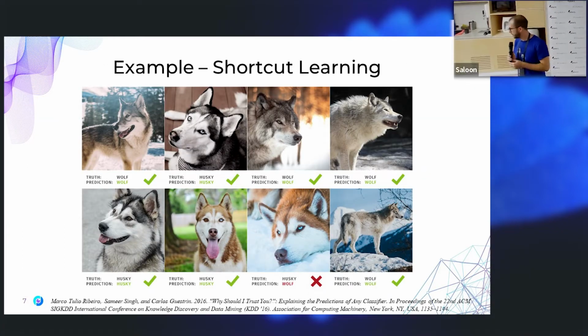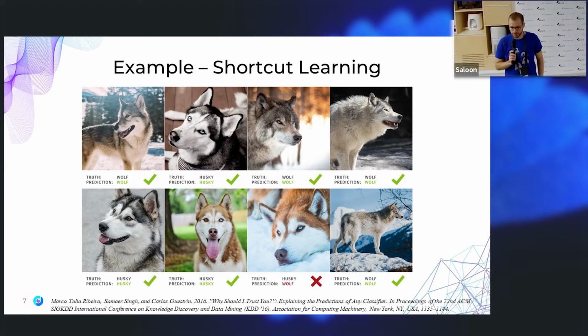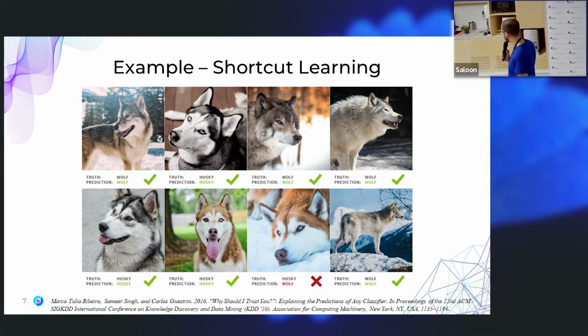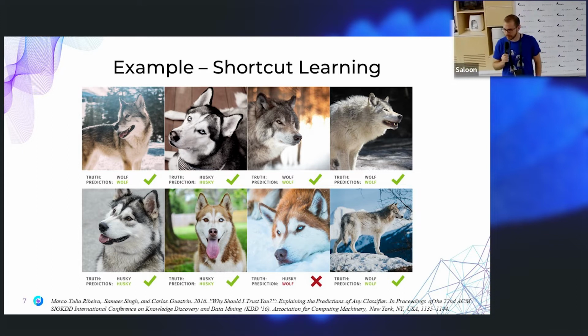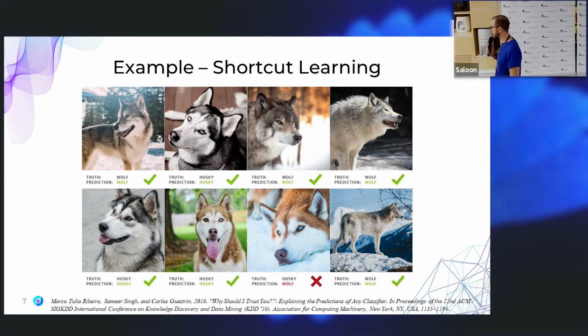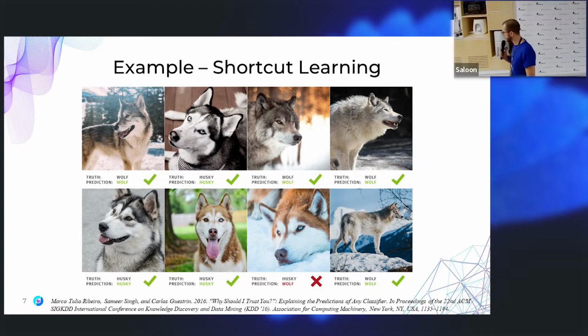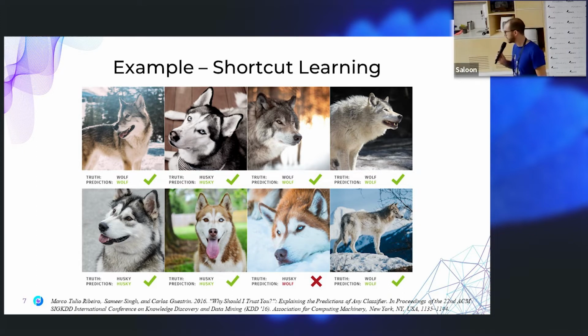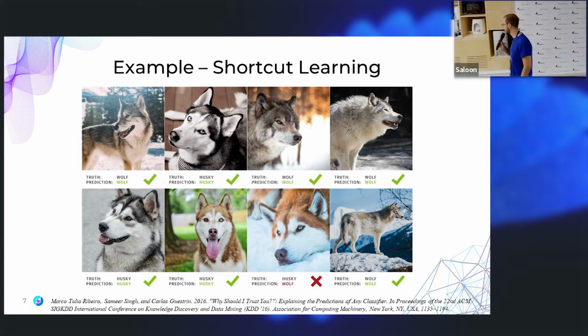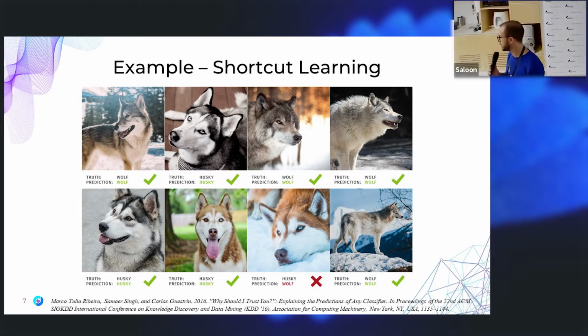One example in the domain of vision is shortcut learning. This is, I think, quite a famous example. I guess some of you know it from the paper, Why Should I Trust You? This example had a data set of huskies and wolves, and they trained a model to predict the class. Is it a wolf, is it a husky? And the model used the fact that huskies are more photographed on a green background in your yard, in your neighborhood, and wolves are photographed in nature.